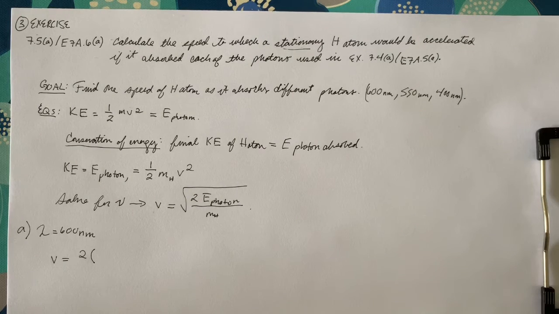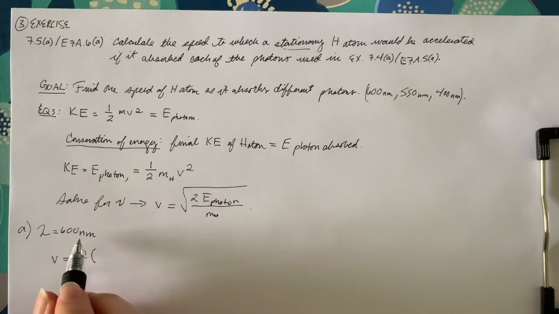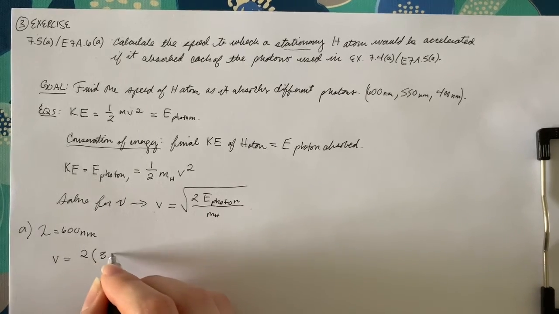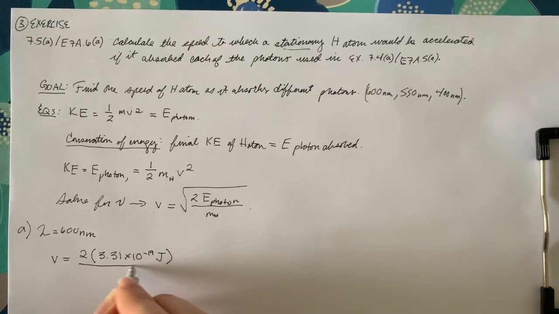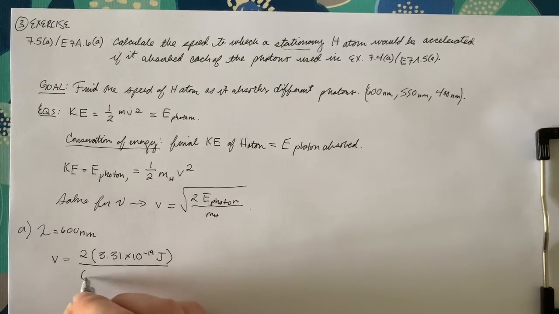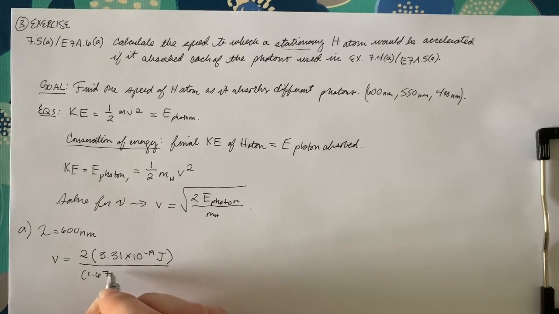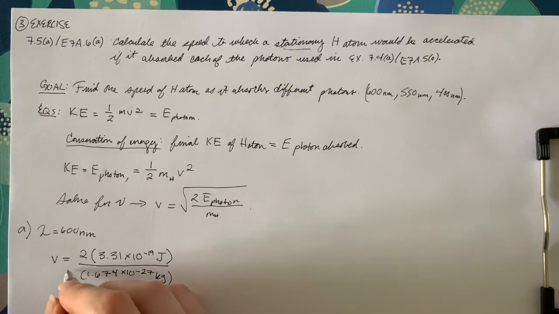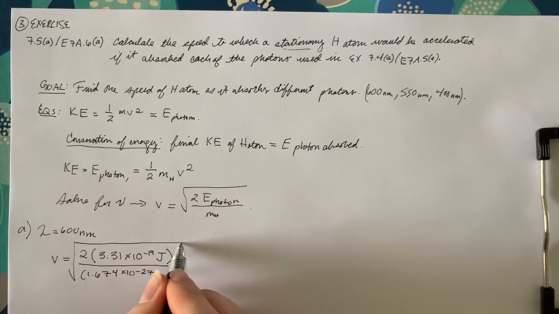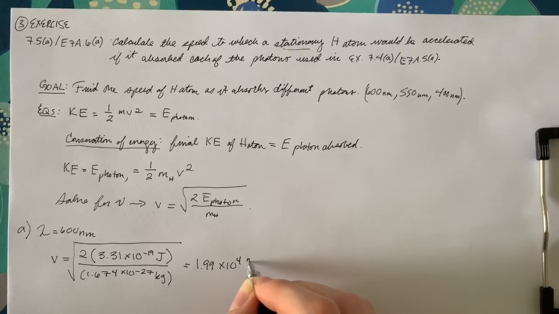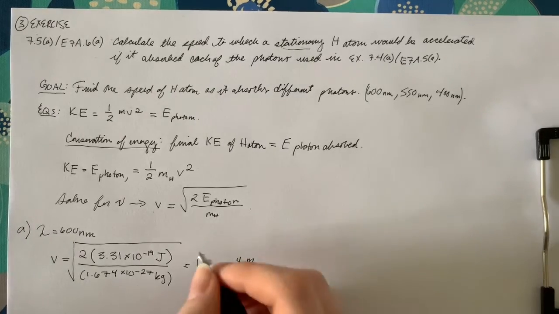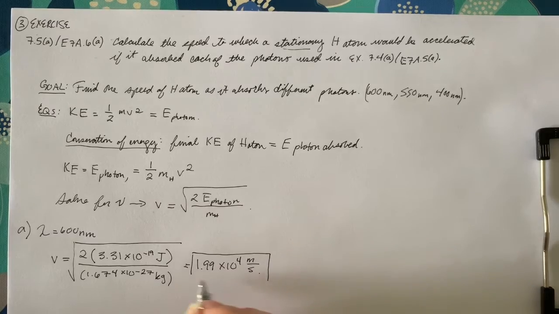For 600 nanometer it was 3.31 times 10 to the minus 19 joules. And the mass of a hydrogen atom is 1.674 times 10 to the minus 27 kilogram, all square root. And then we get 1.99 times 10 to the 4th meters per second.